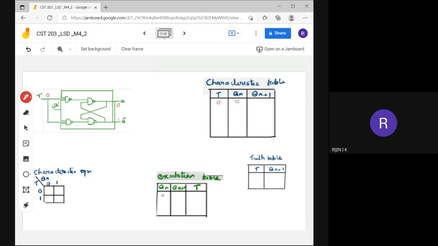So what will be the output of the first NAND gate? Here it is 0. We are giving this 0 to both the NAND gates, so here also it will be 0. Then what will be the output of the first NAND gate?